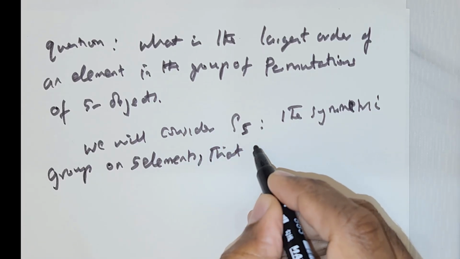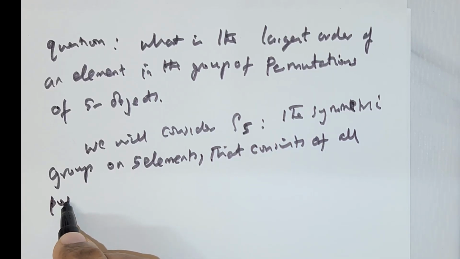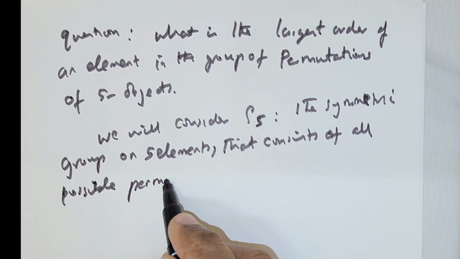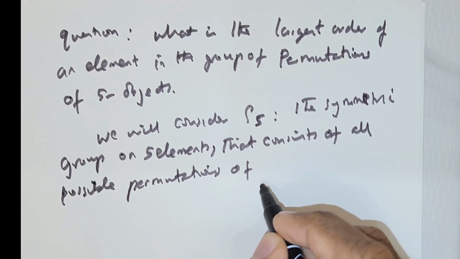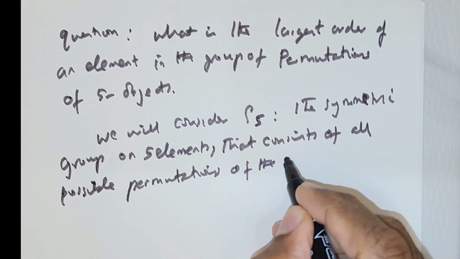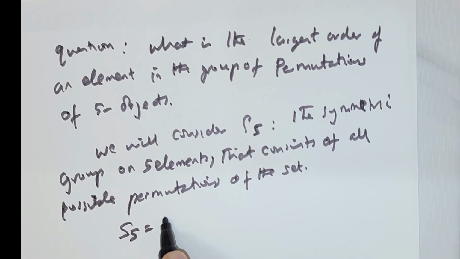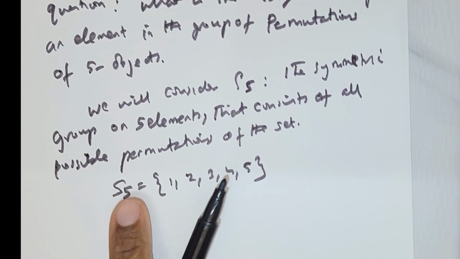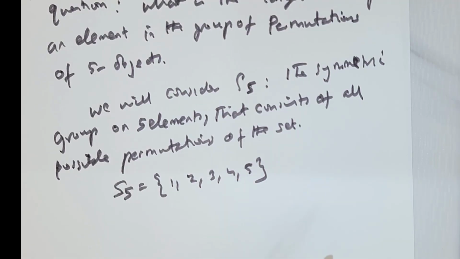The meaning is that it consists of all possible permutations of the set. So if I were to take the set 1, 2, 3, 4, 5, then this S5 will contain all possible permutations of these elements 1, 2, 3, 4, 5.